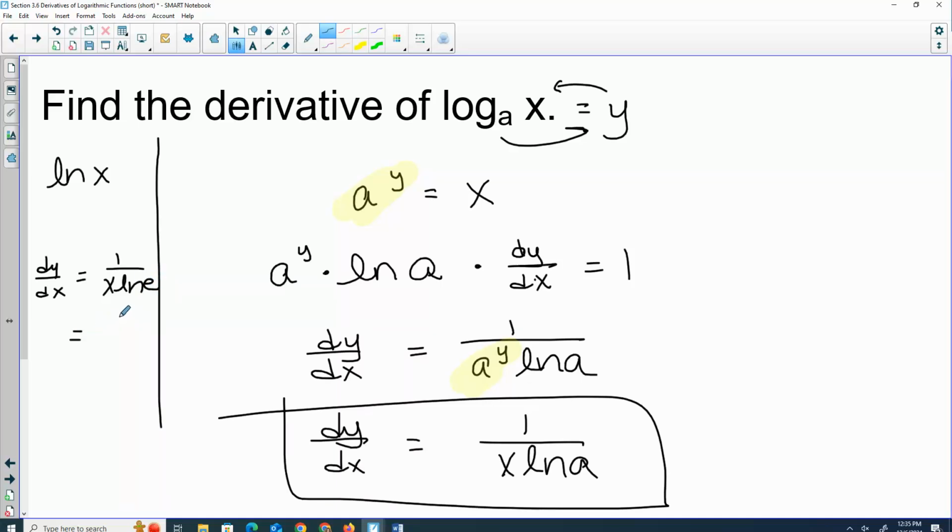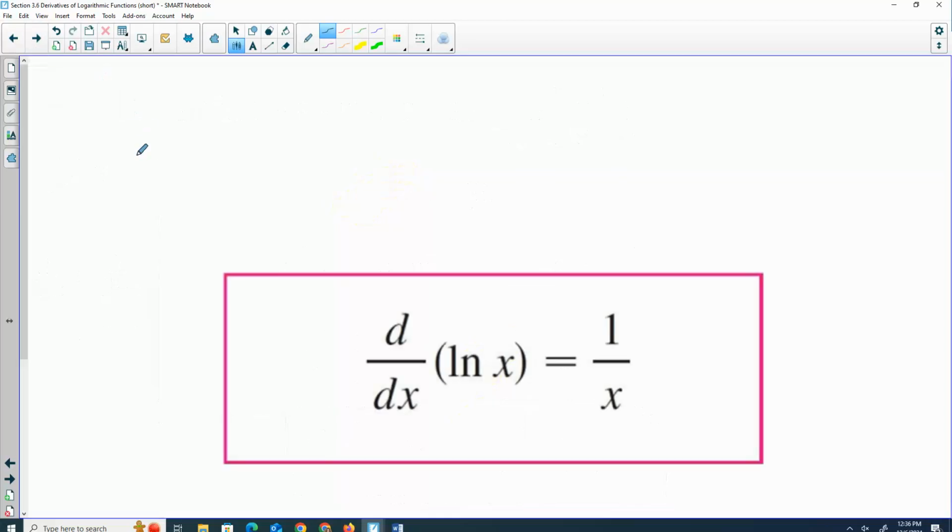What is the natural log of e? So it turns into 1 over x. We may encounter other logs every now and then, but for the most part it's going to be a natural log. And the derivative of a natural log is just 1 over the argument. That is really the big result that we are using. And of course chain rule would still apply, so if this is not just a plain x right here, we would have to do the chain rule.